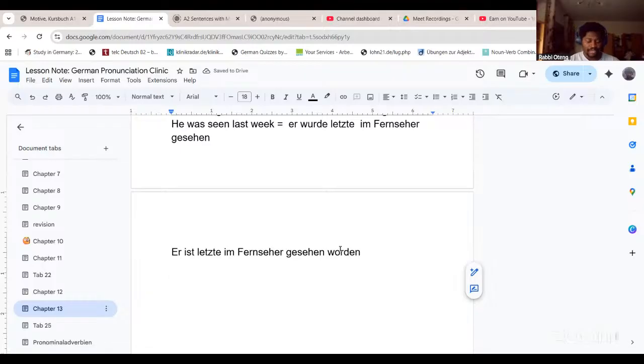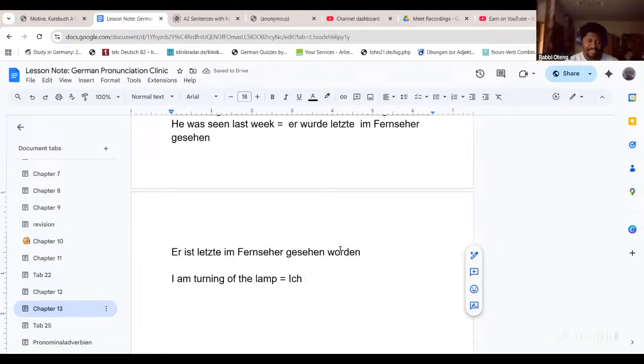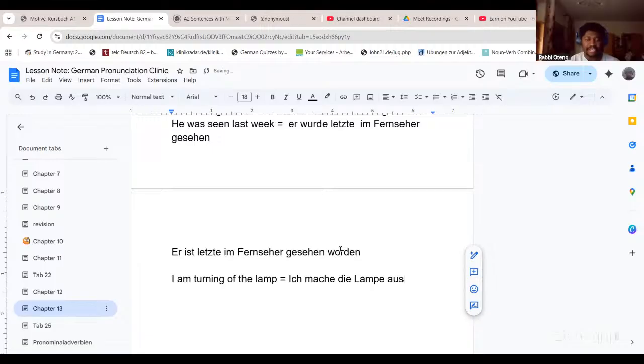Okay, I am turning off the lamp. I'm turning off the lamp, for the what? Do we use "mache die Lampe aus" oder "ich schalte die Lampe aus."